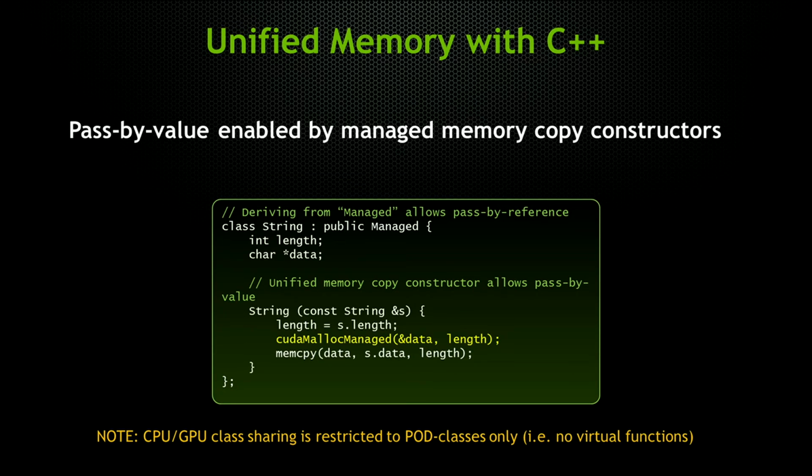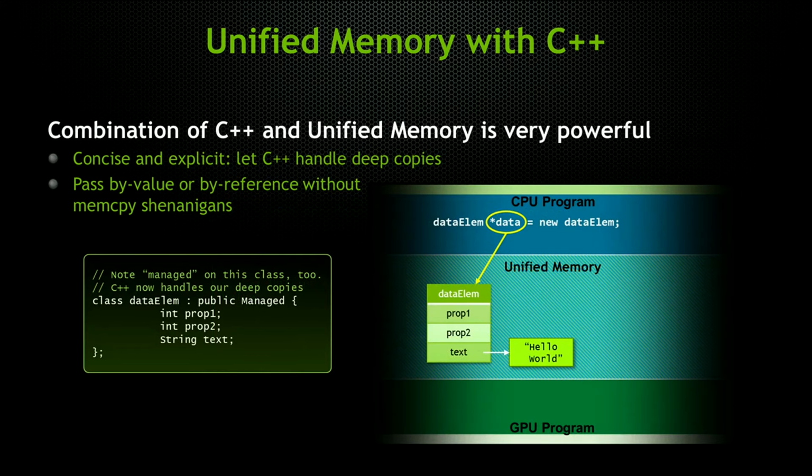So now that we've done that, we can create our data element class, which has a string. So here I'm using the string class rather than a char star. And we also have to make sure that we inherit from managed in that so that it's allocated in managed memory. But once we do that, we can just use new, as we do with anything in C++, in the CPU code.